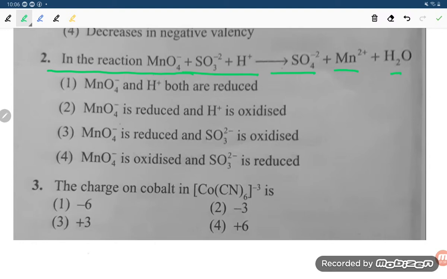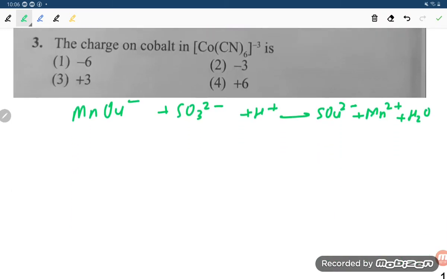So I am writing the question first: MnO4- + SO3 2- + H+ gives SO4 2- + Mn2+ + H2O, right?